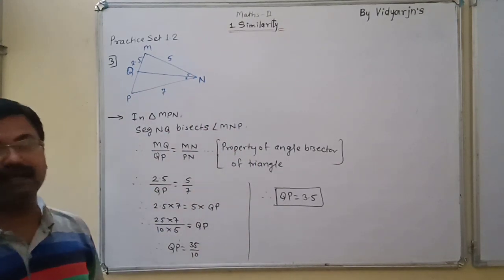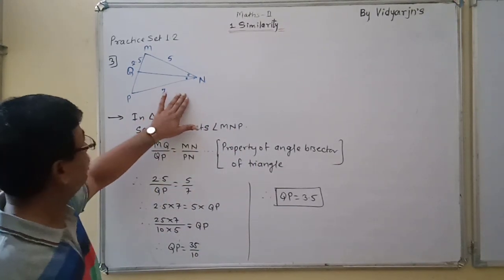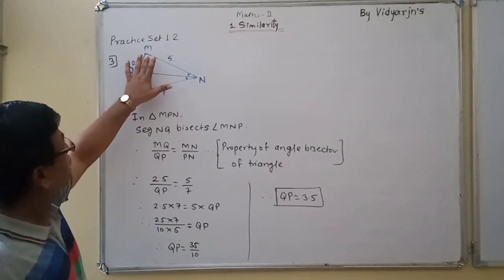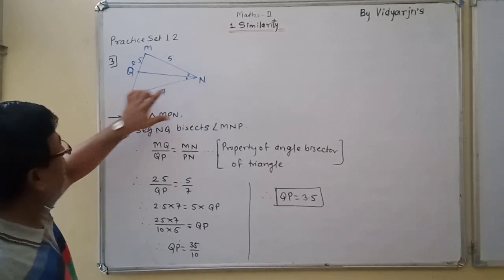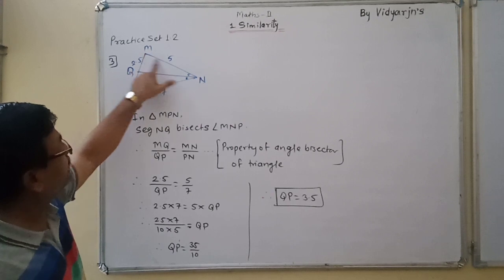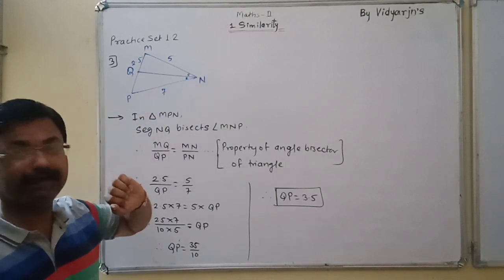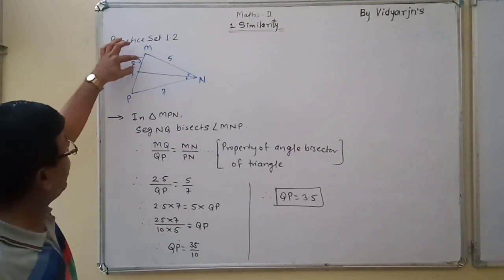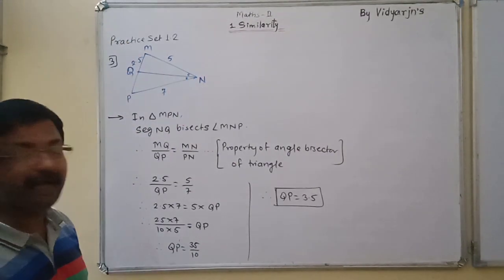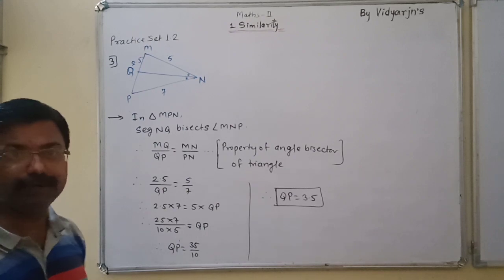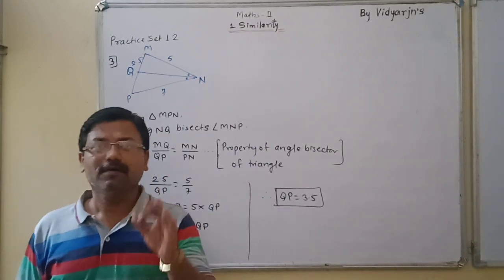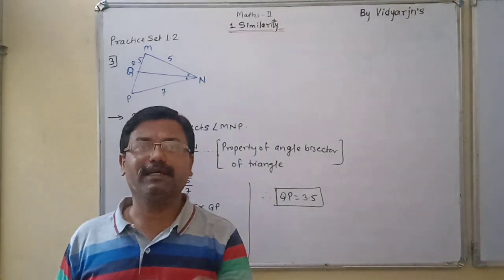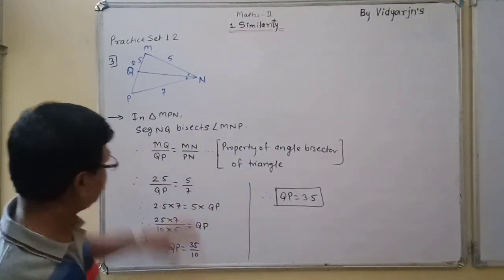Now, the third example. In this third example, in triangle MNP, segment NQ bisects angle MNP. We are given the values of MN, PN and NQ. We have to calculate the value of QP. Here we use the property of angle bisector of a triangle.